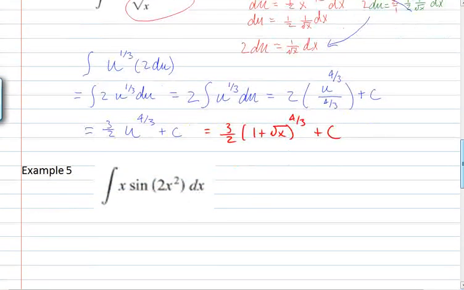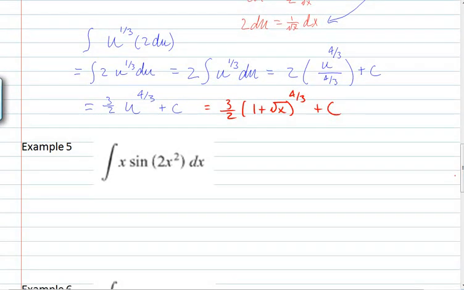All right, example 5. What might we let u be equal to here? 2x squared. Here we're going to let u be equal to 2x squared. And I'm not writing this down for my health. When you look at my notebooks from when I was a student here, anytime I solved a problem, I wrote let u equal, and then I showed the work where I did the du equals.